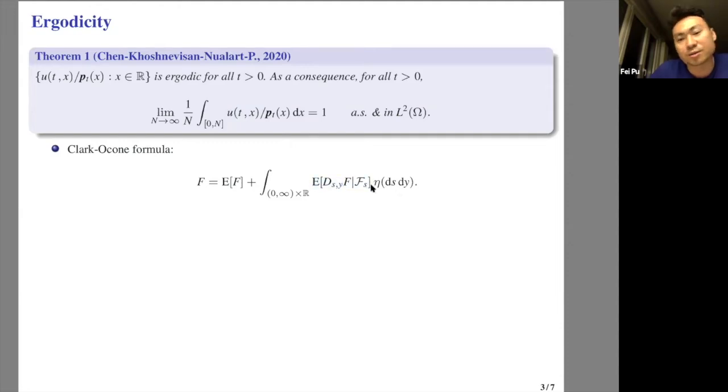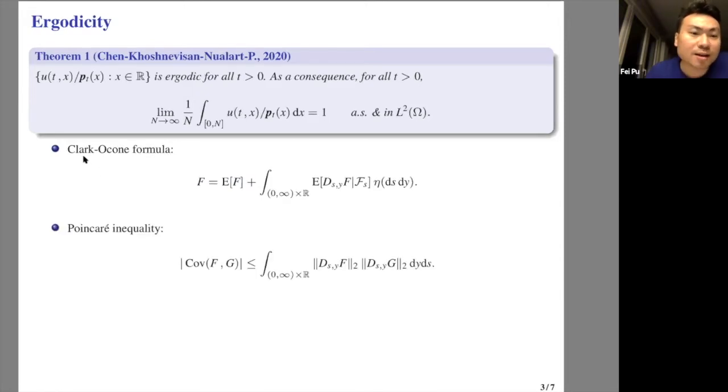In the integrand, we have the conditional expectation. Here, D_{s,y}F denotes the Malliavin derivative of F at this point (s,y), and F_s denotes the sigma algebra, the filtration generated by the space-time white noise. This is the Clark-Ocone formula in the case of space-time white noise.